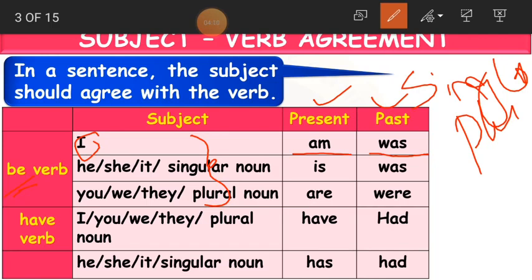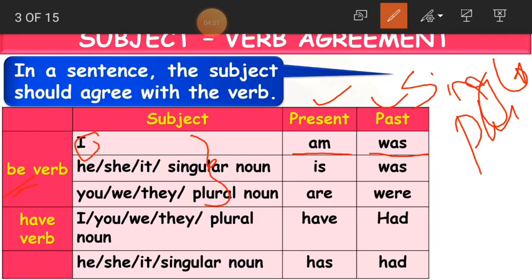Clear? I hope you know about present tense, past tense and future tense. Present tense is what we are talking about now. Past tense is what happened already. Future tense is what is going to happen tomorrow or in future.